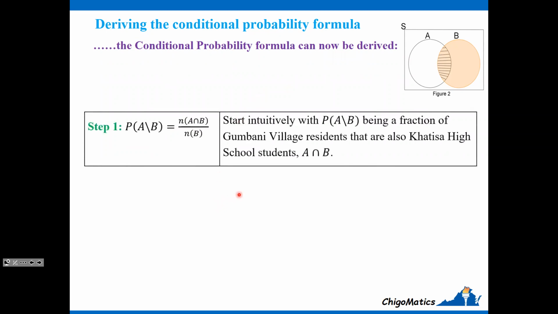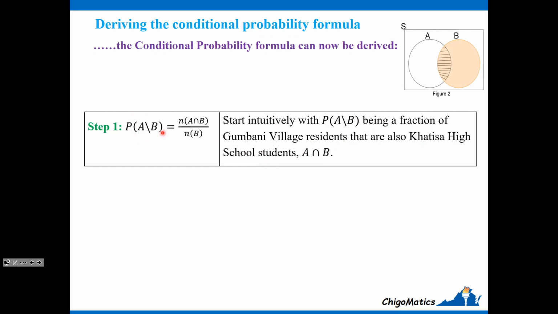Step number 1, we start intuitively with the probability of A given that B has happened being the fraction of Gumbani village residents that are also Katisa High School students. That is the intersection. That is where we are starting from.